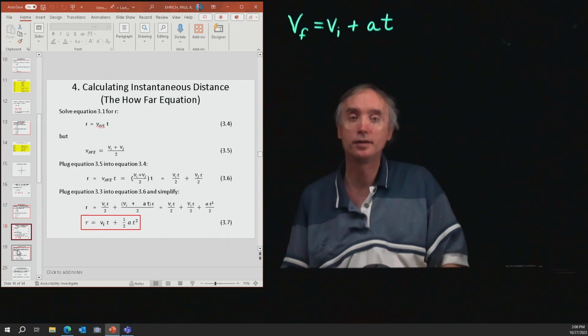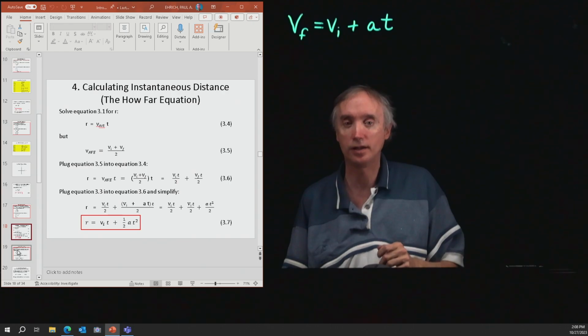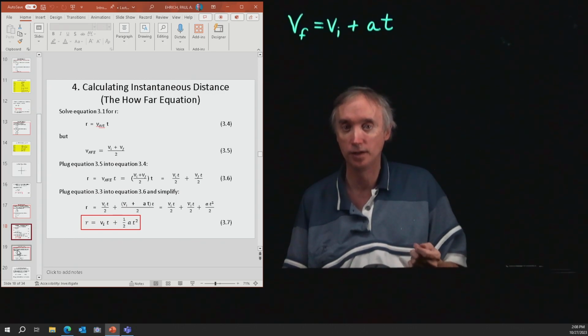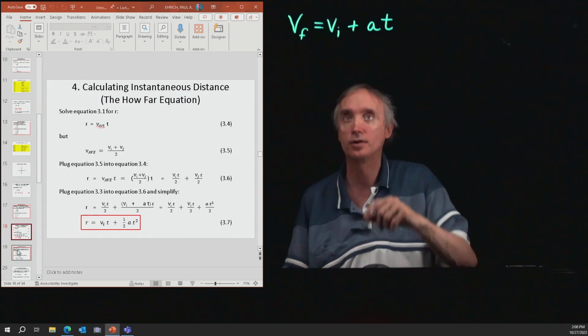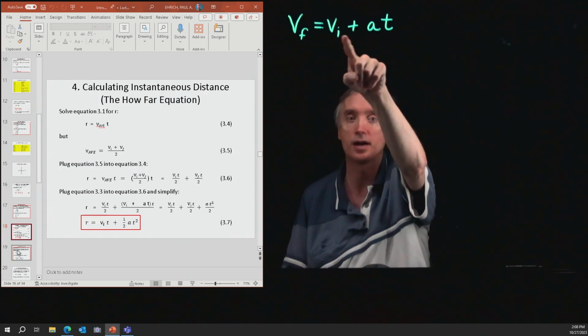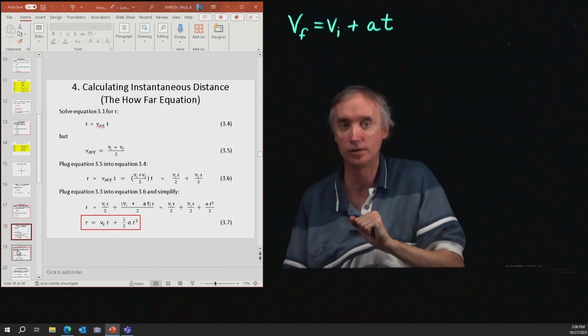Okay, I'm back, and now we want to talk about how to calculate how far an object is going to go if we know how fast it was going initially and whether or not it was accelerating. So this one up here is the how fast equation.